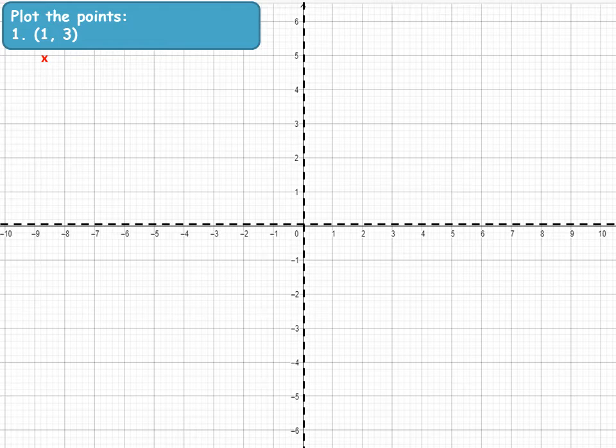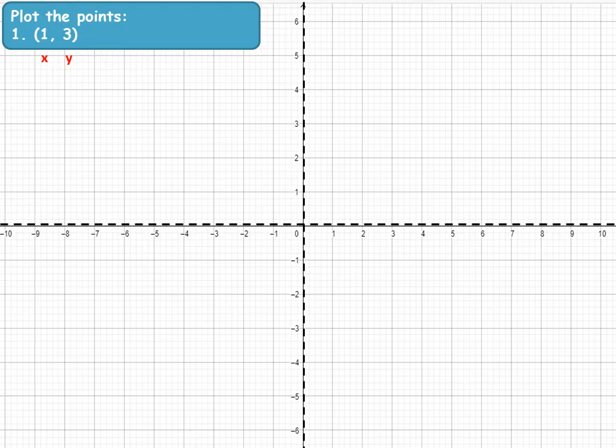The second number in the coordinate represents the y value. That means that we can find that number on the y-axis. And the x-axis runs horizontally, very good, left to right. And the y-axis runs vertically.